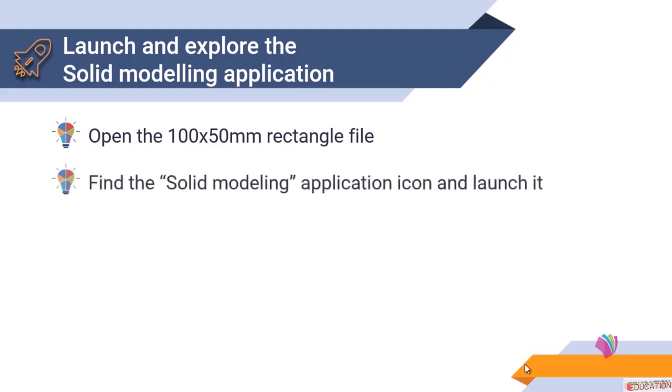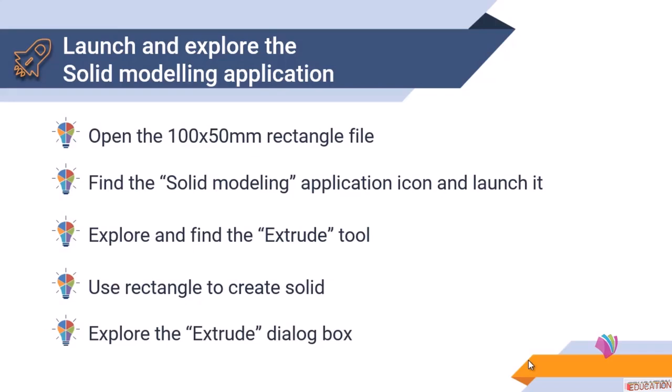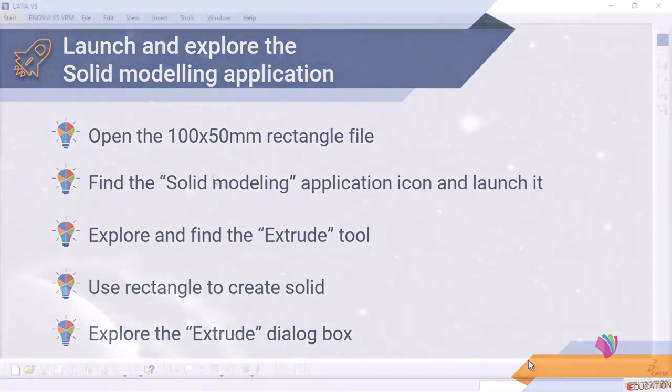We have to find the solid modeling application icon and we will launch it. We will explore and find the extrude tool which is used for creating solid model. We will see what it is. Then we will use the rectangle to create a solid body using the extrude tool. And finally we will explore the extrude dialog box.